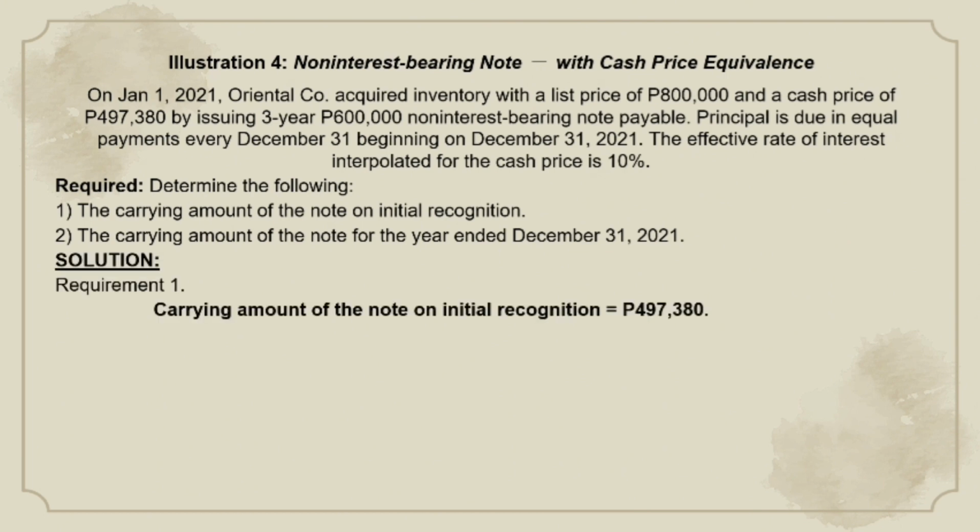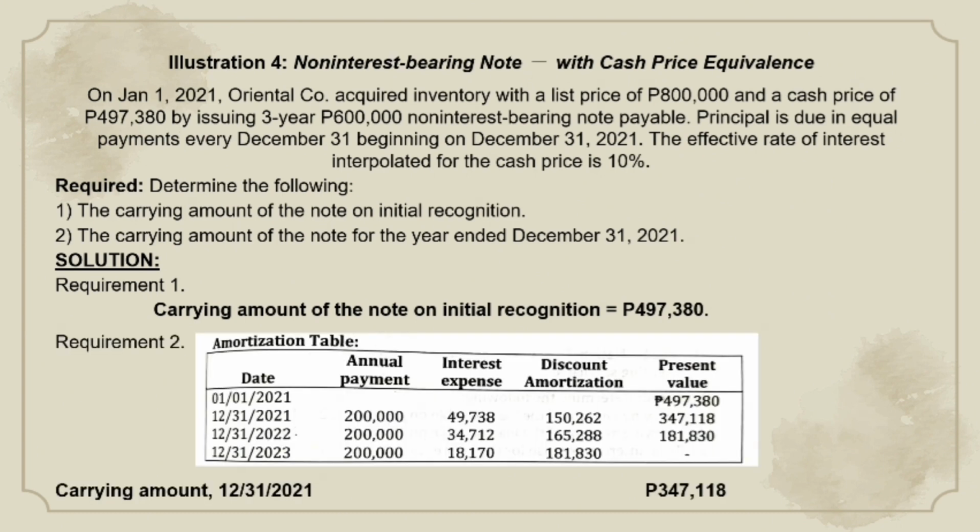So requirement 1, we have here the solution. The carrying amount of the note on initial recognition is equal to the cash price of 497,380. While to come up with the carrying amount of the note for the year ended December 31, 2021, we will use the amortization table.